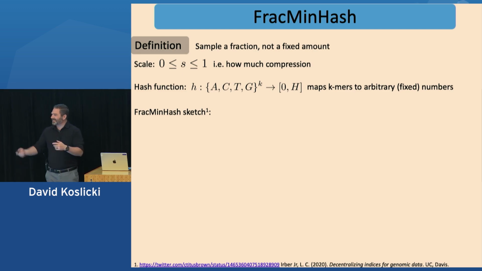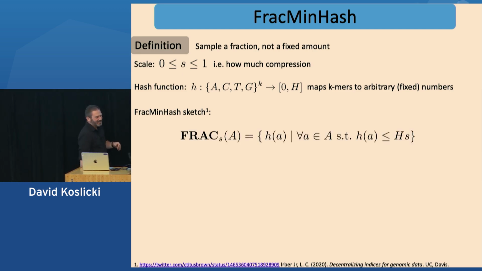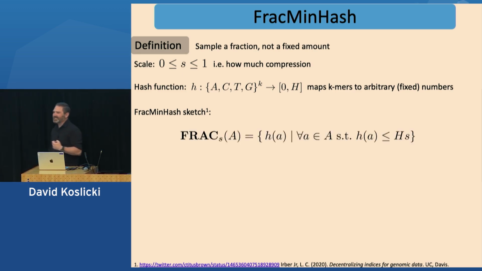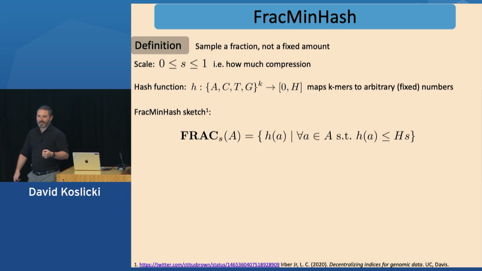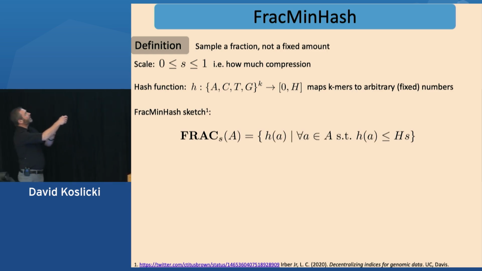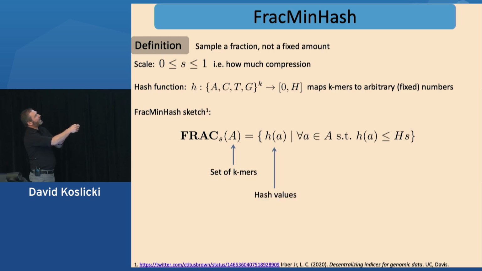Yeah, that was actually unintentional. In any case, a FracMinHash sketch is defined as follows. A FracMinHash sketch of your set A, you're going to take those hash values that are below some fraction of your maximum hash value.